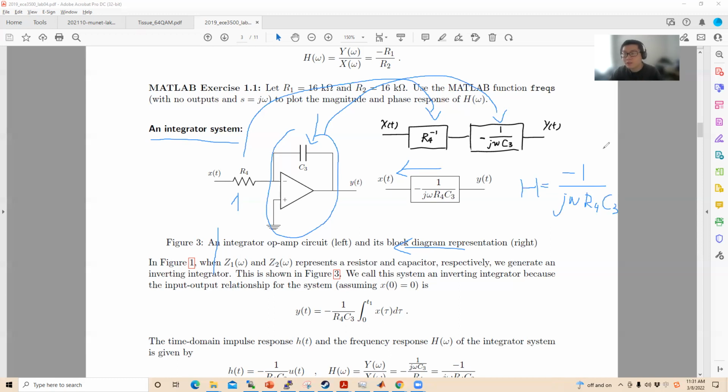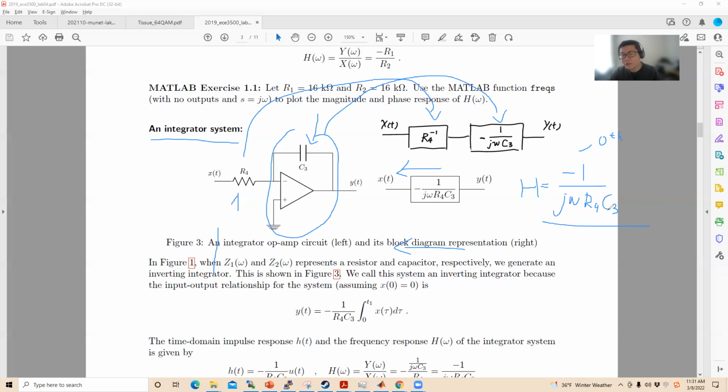According to this equation, the numerator has only one value, which is -1, corresponding to the zeroth order coefficient.